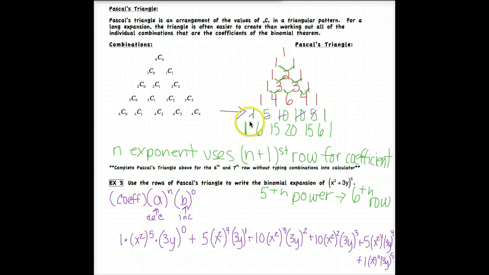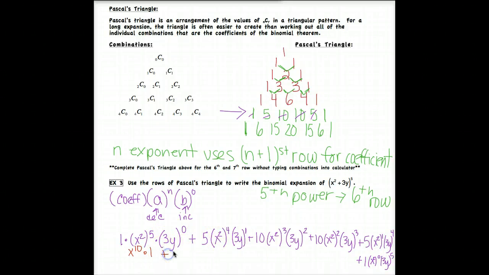So again, the coefficients here were at the beginning of each, 1, 5, 10, 10, 5, 1. The middle and the end, you do the exact same thing as with the binomial theorem. So now I just need to simplify. So exponent rules here, that gives me x to the 10th. This is obviously 1. This is 1.